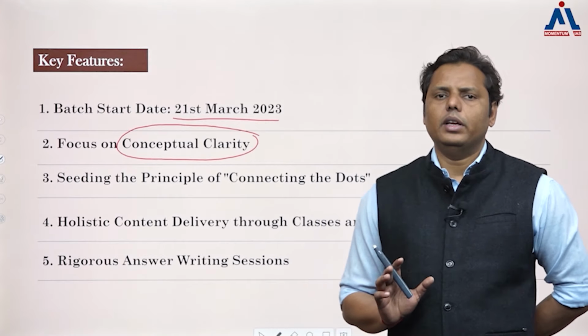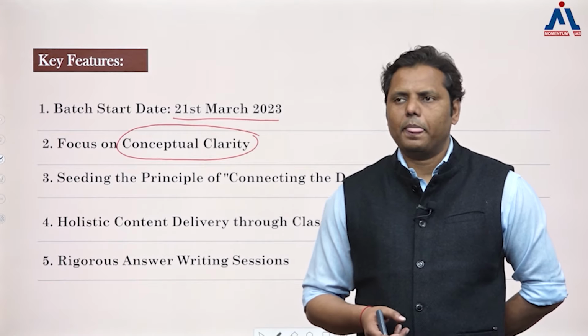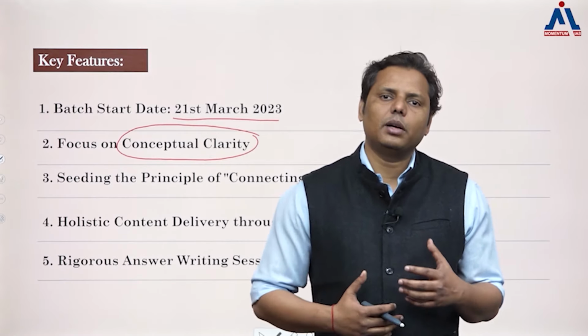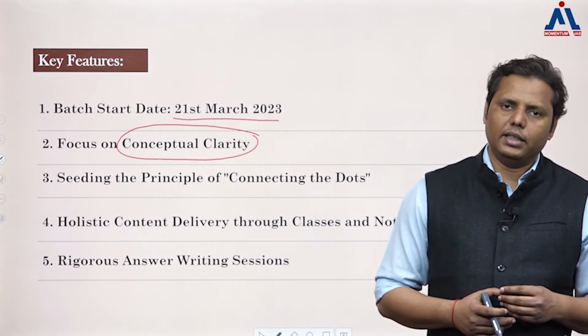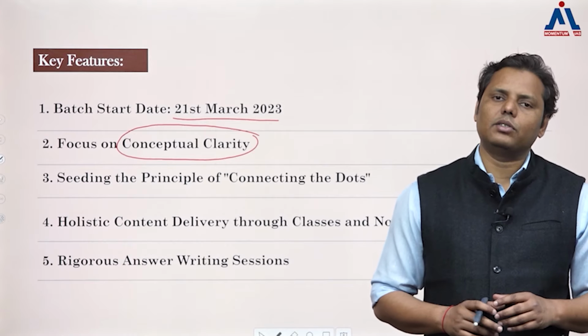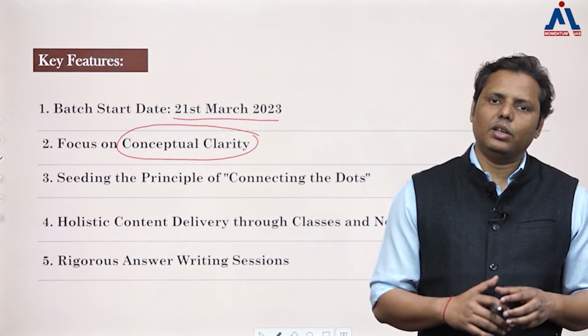Whenever it comes to the UPSC examination, especially the optional, it is noticed that UPSC is becoming more and more experimental these days. They are not asking traditional questions, or if they are, the number of traditional questions is gradually going down.